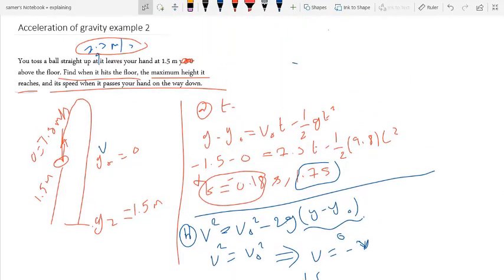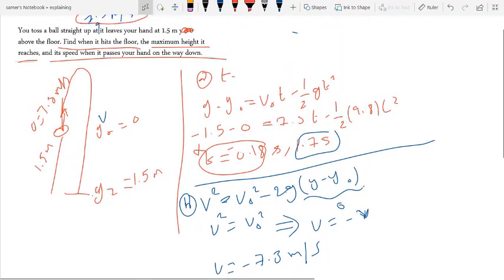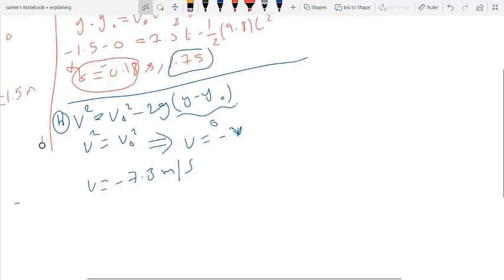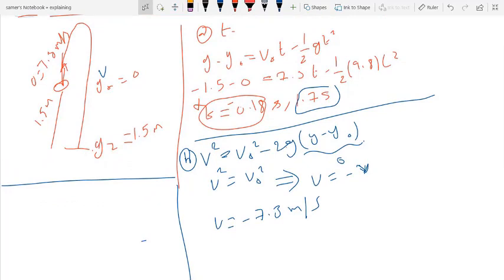C, we need to find the maximum height. We solved for the velocity before the maximum height. Okay, no problem, we can find the maximum height. In order to find the maximum height, we can simply use the fact that the velocity of the ball is 0 when it is at its maximum height.